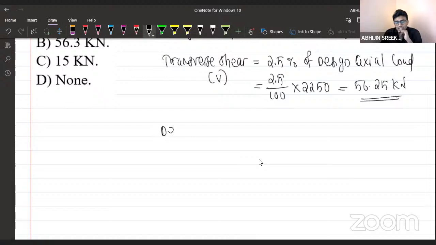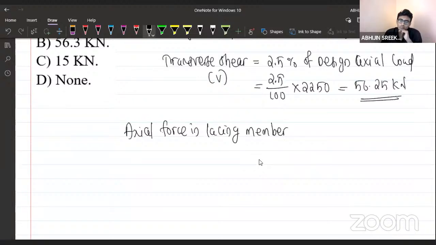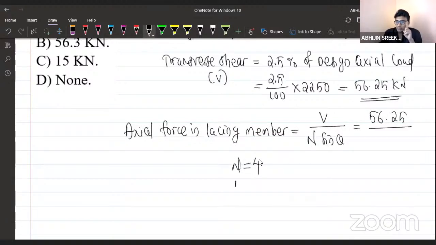But the design axial load or force in the lacing member, the axial force in the lacing member, is somewhat different. Axial force in the lacing member will be equal to V by N sin theta. V is the transverse shear, 56.25. For a double lacing system, N is equal to 4. For a single lacing system, it is equal to 2. Here it is a double lacing system, so 4.